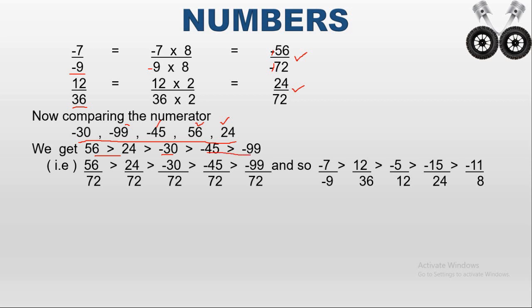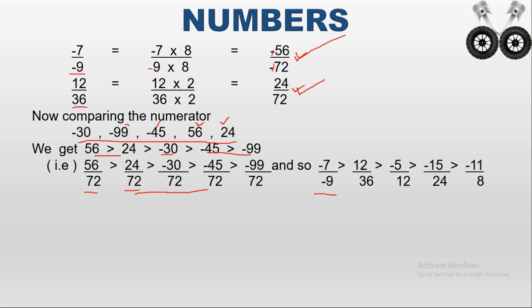Now you can write it with the denominator. 56 by 72 is greater than 24 by 72, and minus 30 by 72 is greater than minus 45 by 72, and minus 45 by 72 is greater than minus 99 by 72. 56 by 72 is equivalent to minus 7 by minus 9, so instead of 56 by 72, I can write minus 7 by minus 9, which is greater than the second rational number, 24 by 72, which is equivalent to 12 by 36.